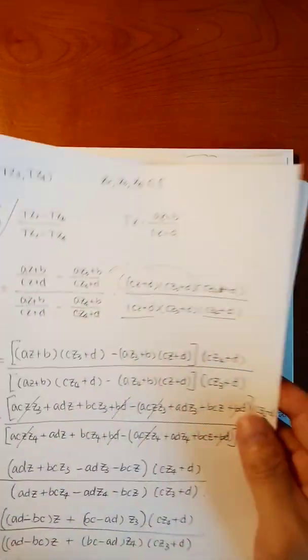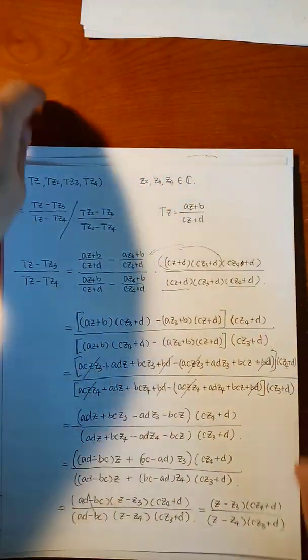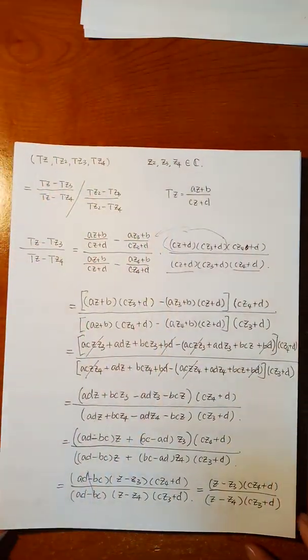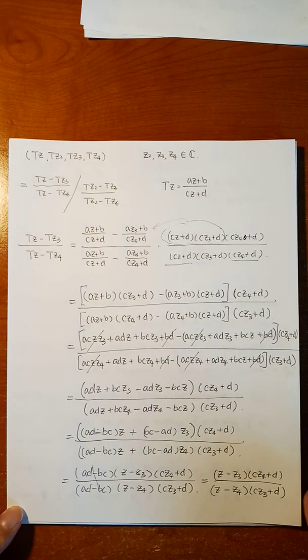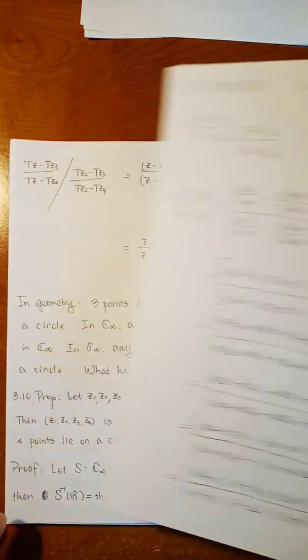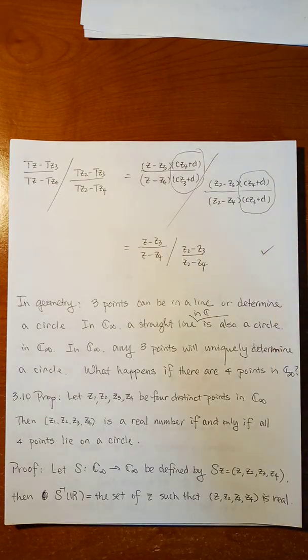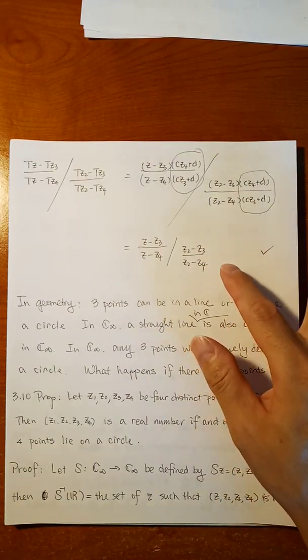Okay, let's start here. In the first computation, we try to really compute the cross ratio of TZ1, TZ2, TZ3, TZ4. The computation is based on the definition, and we compute the numerator. We quickly compute the denominator and simplify it.